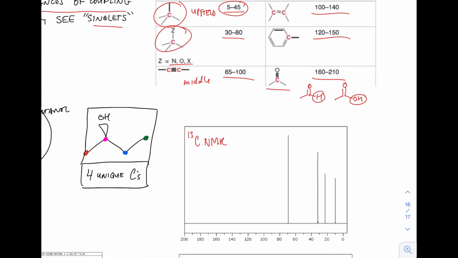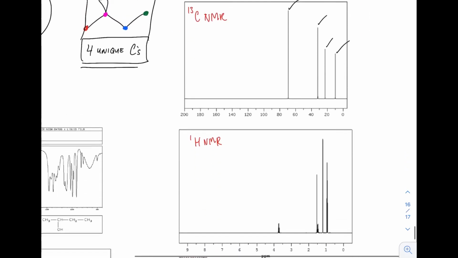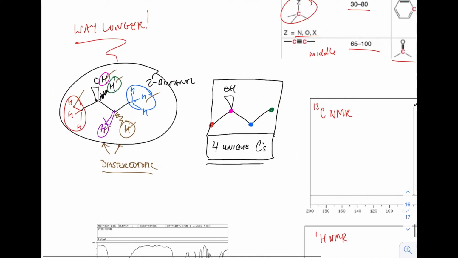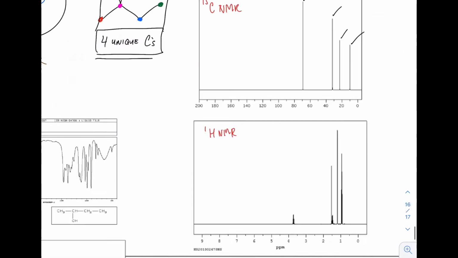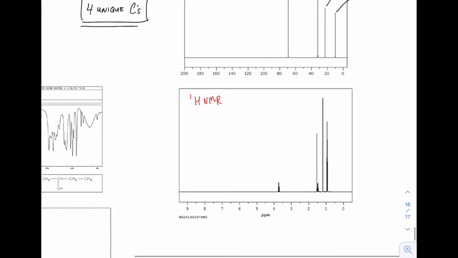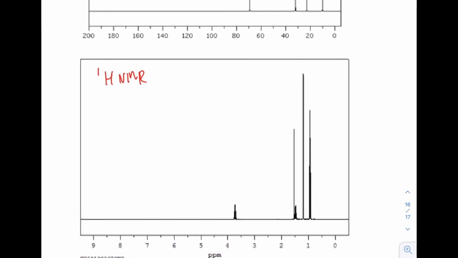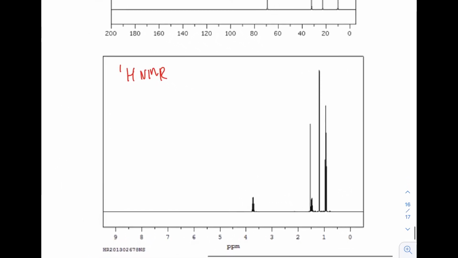And so that brings me back to this. These 4 unique resonances show up here: 1, 2, 3, 4. And how many did we decide on in the proton NMR? We had 1, 2, 3, 4, 5, 6 different resonances. This is a little bit harder to tell because of the resolution, but let's just take a look at what's obvious.